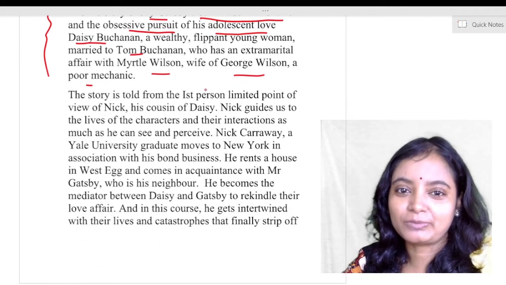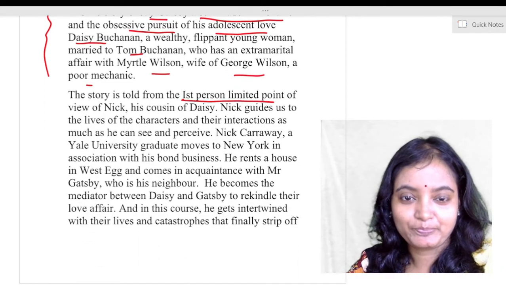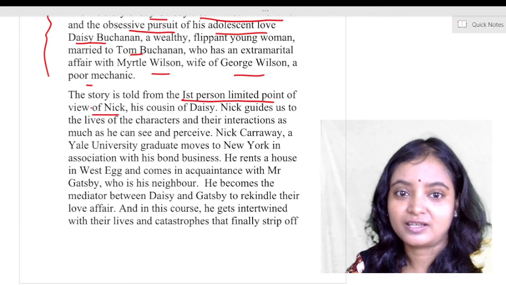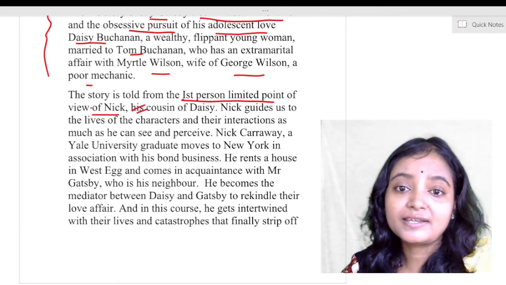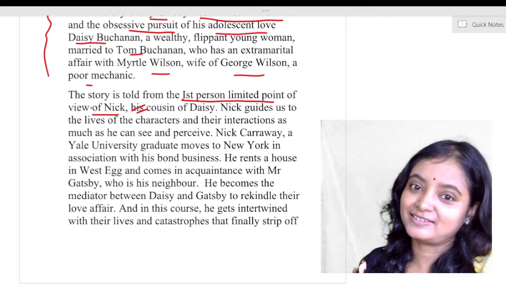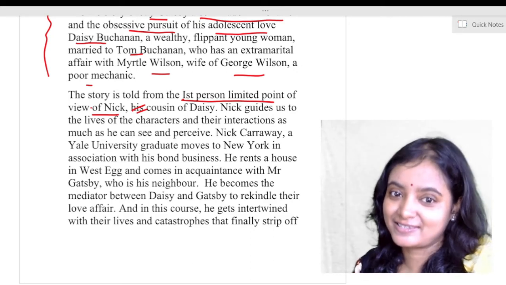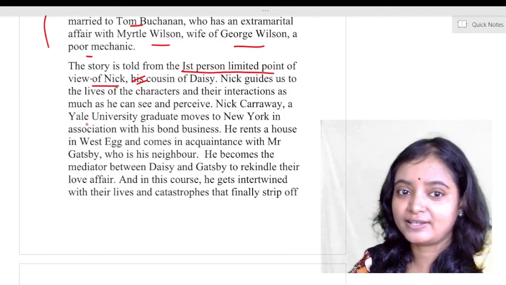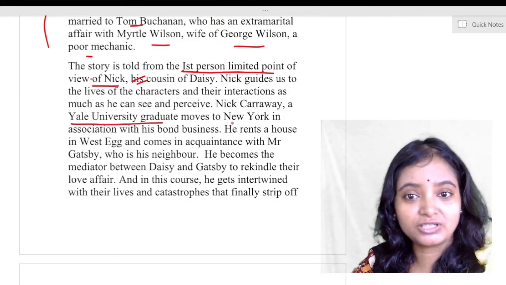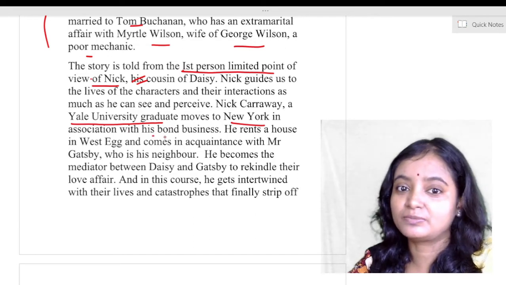The story is told from the first person limited point of view of Nick, the cousin of Daisy. Nick guides us through the lives of the characters and their interactions as much as he can see and perceive. And what does Nick do? Yale University graduate, and he moves to New York in association with his bond business.